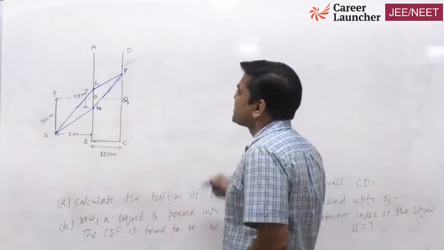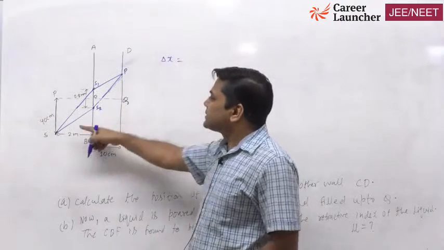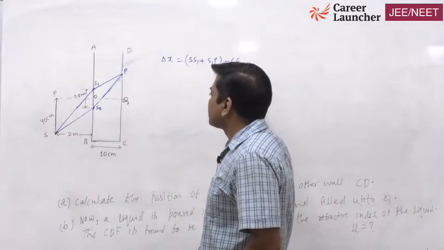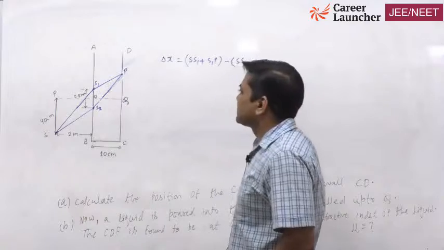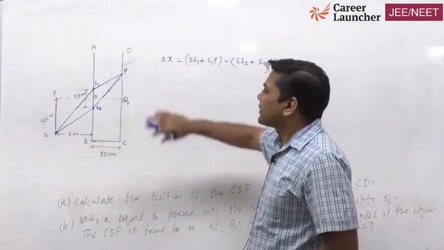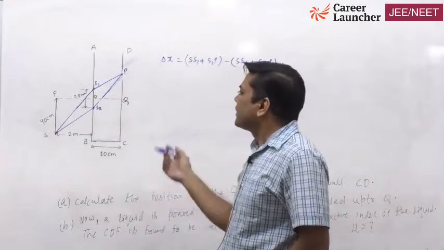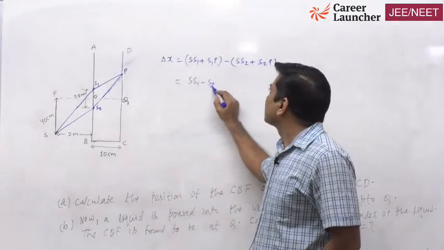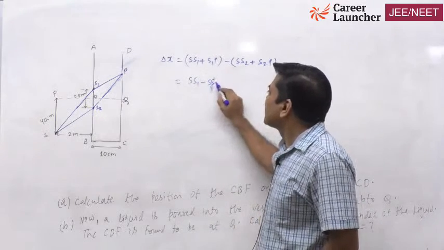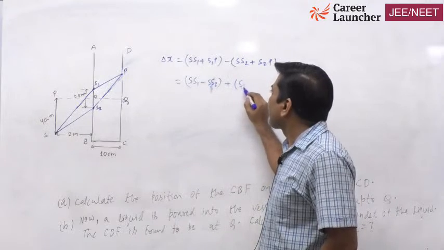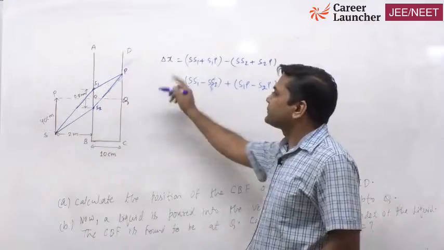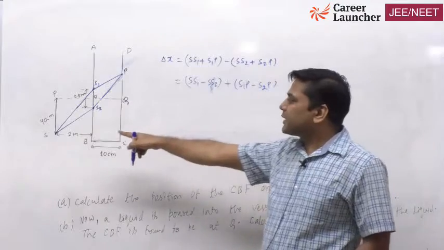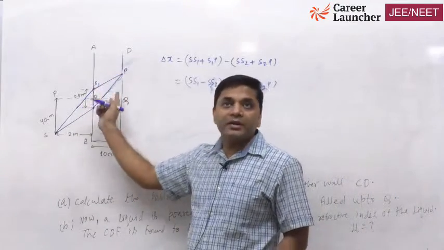So what is the path difference here, delta x? Just now I explained that it is SS1 plus S1P minus SS2 plus S2P. I should have written it either way, but here I am just writing it in this way. Clearly SS2 to S2P is more than SS1 to P, that's why the CVF has gone up.